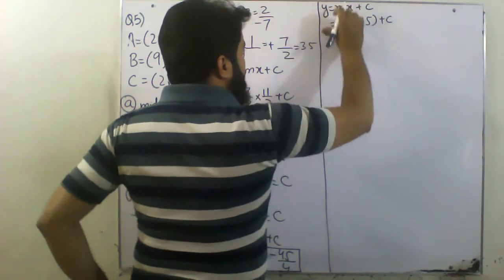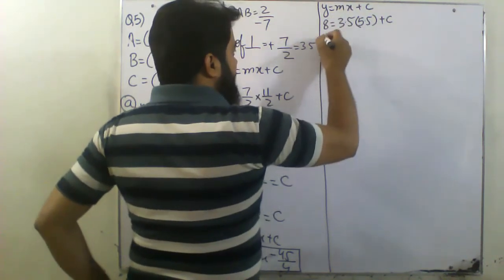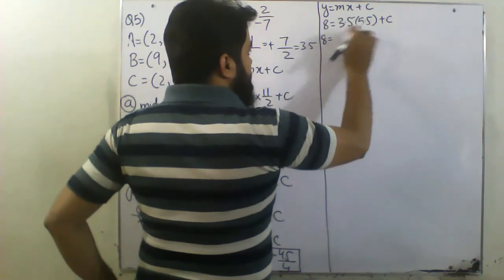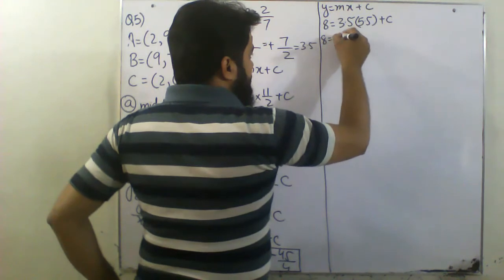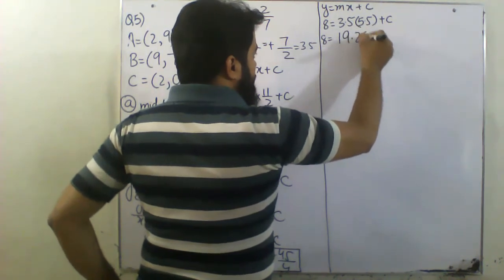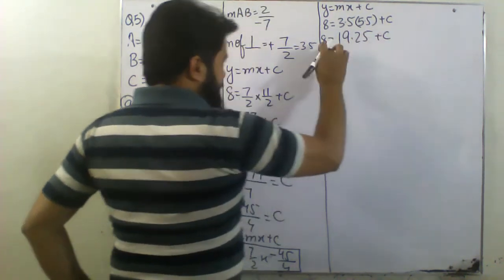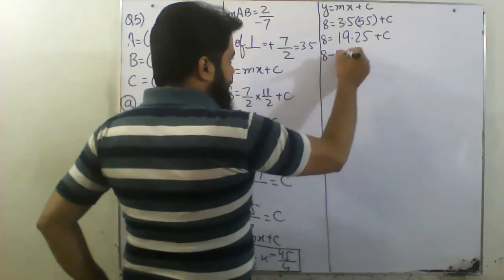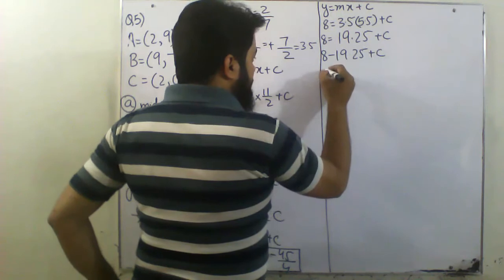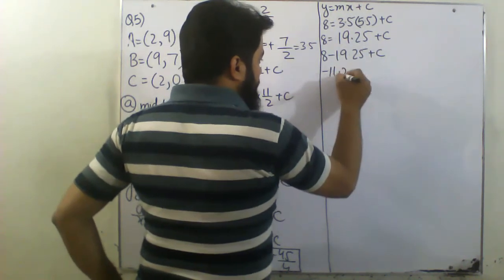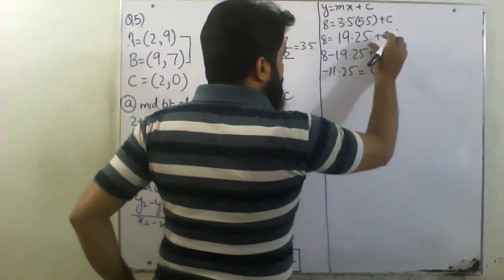The value of y will be 8. So when I simplify, 3.5 into 5.5, the result will be 19.25 plus c. Shifting it over here, 8 minus 19.25 equals c, simplifying it further, so minus 11.25 equals c.